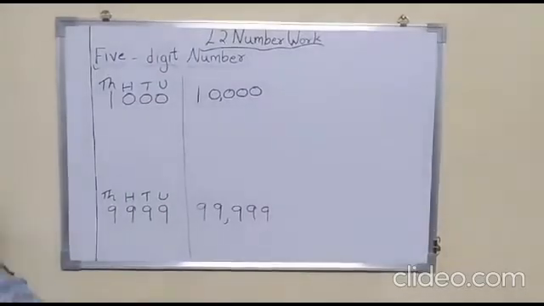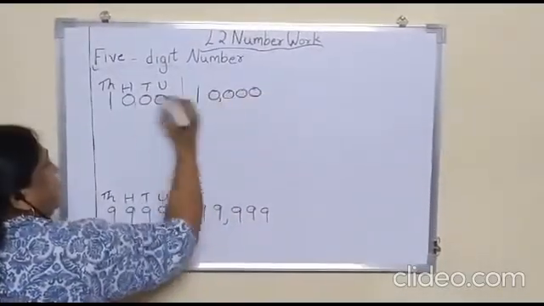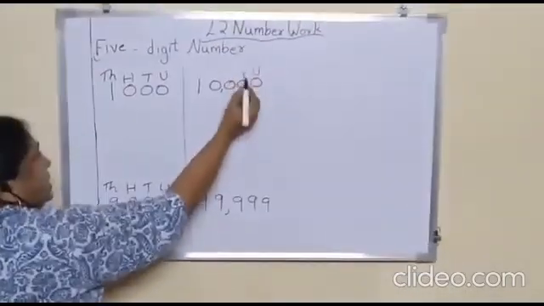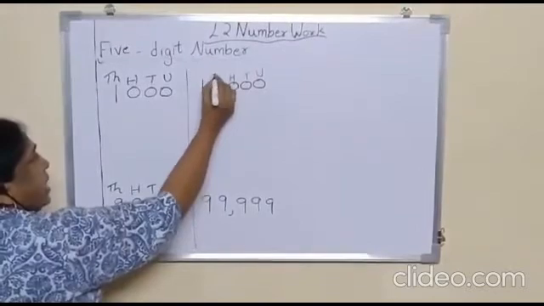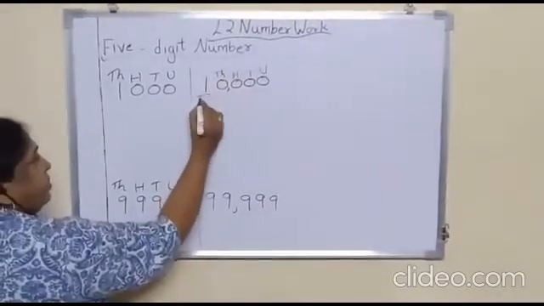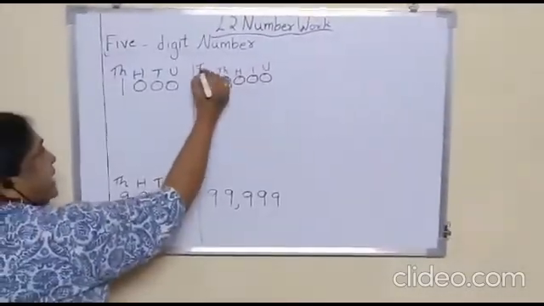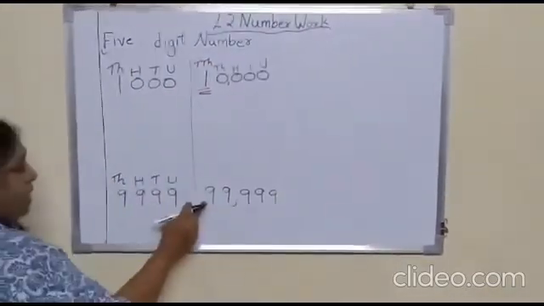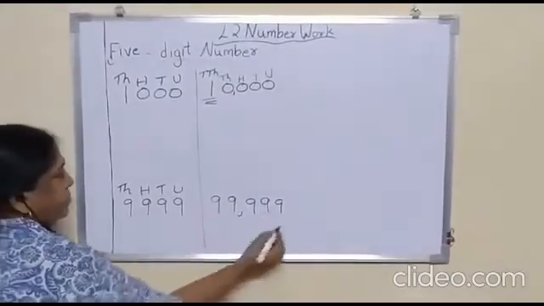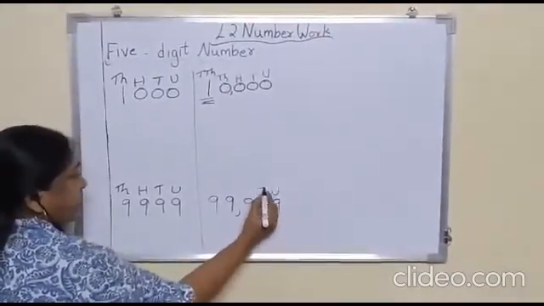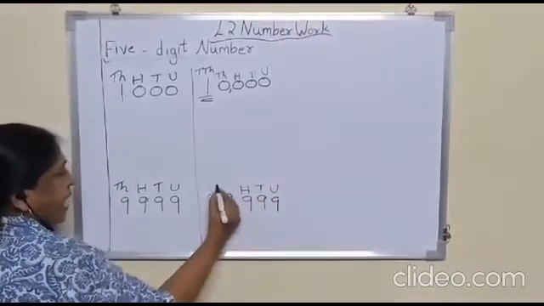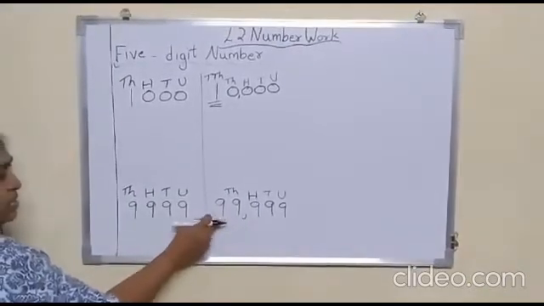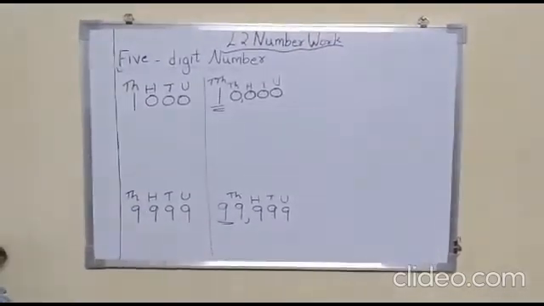Now children, how to write this? You will write the same way like this. For the last number, you write units, U, then tens, then the hundred, then we have thousand, and for this one, we will write TTH. That is 10,000. Once again, I am showing you U for units, T for tens, H for hundred, and we already know for thousand we write this, and this place value comes in the place of 10,000.